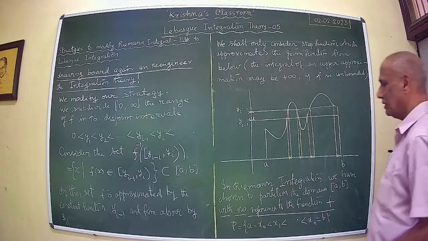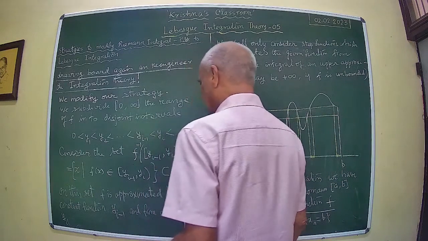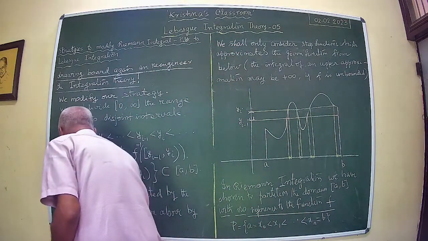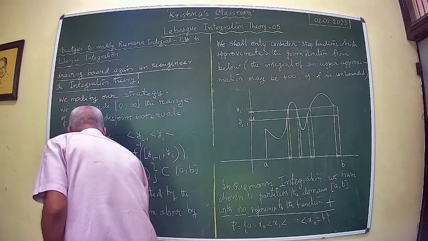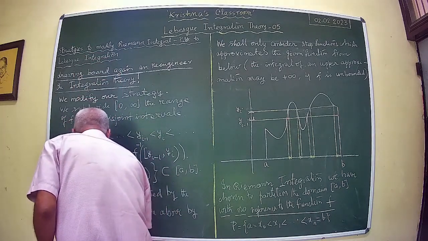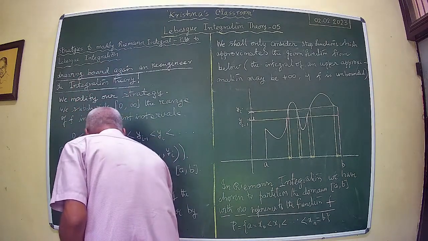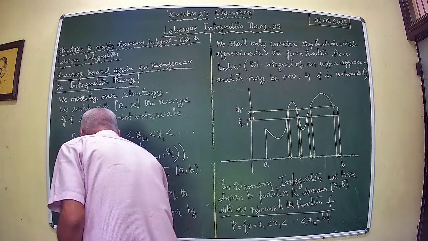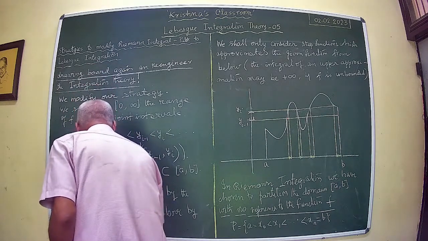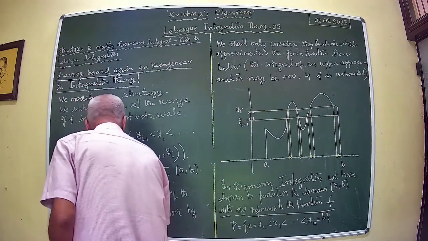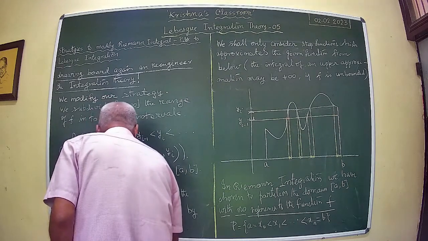So you see that the approximation is going to be y_(i-1) times chi of f inverse of y.